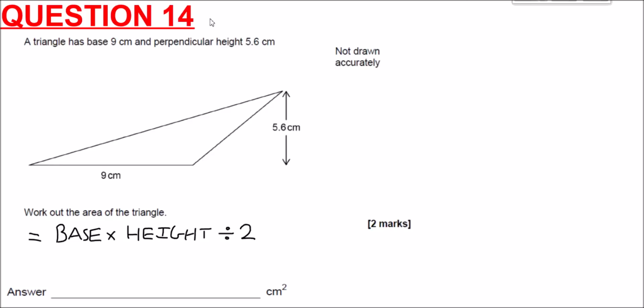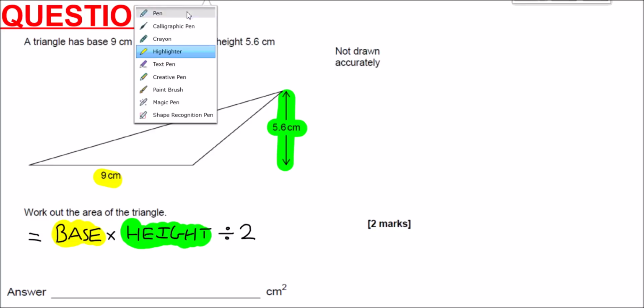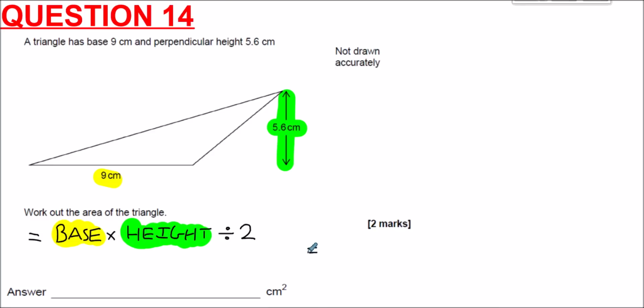No matter how the triangle looks, we're always going to take the base, which is 9, multiply by the height, which in this case is 5.6, and then divide by 2. Importantly, we need to divide by 2. So if we just take these numbers here, so the base is 9, height is 5.6, and then divide by 2.